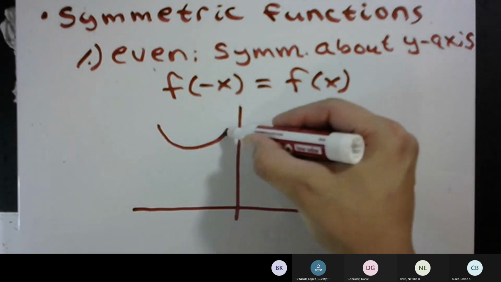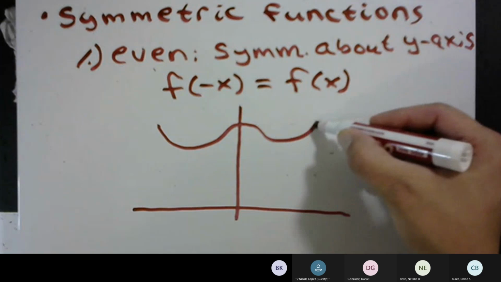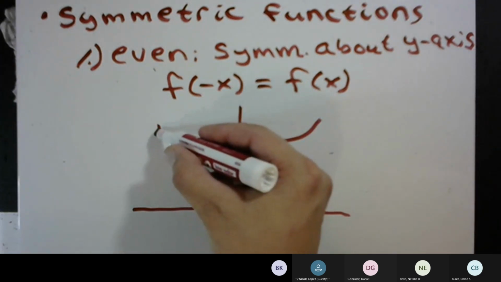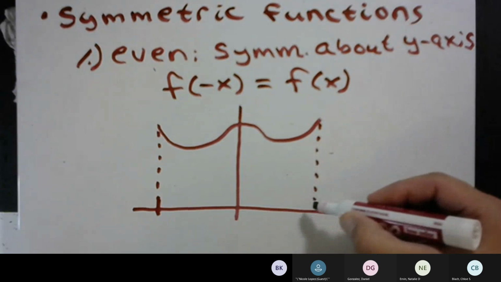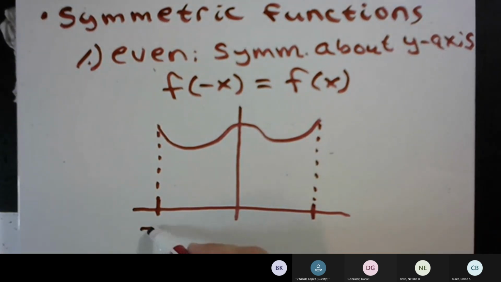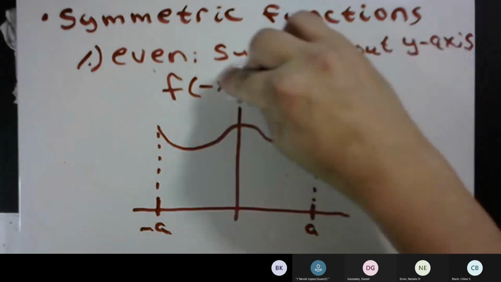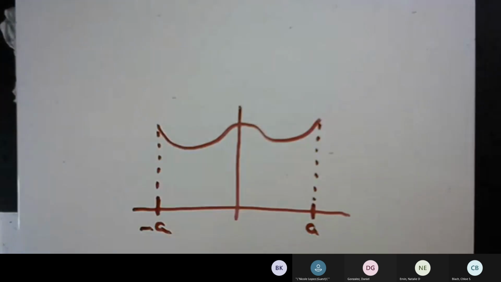We're going to have a function that's going to look the same on either side of the y-axis. So let's say we have negative a and a. There's a trick we can use with this.